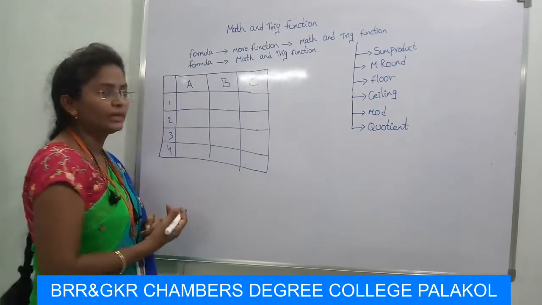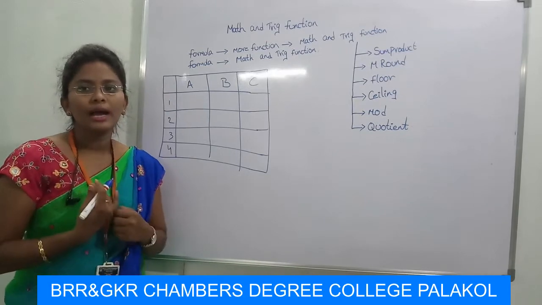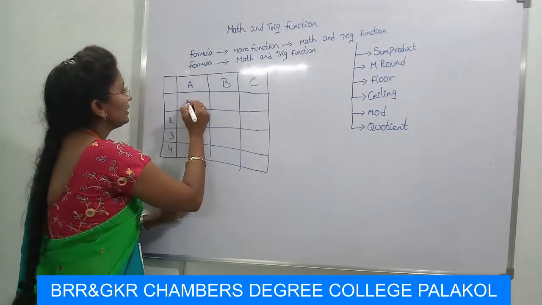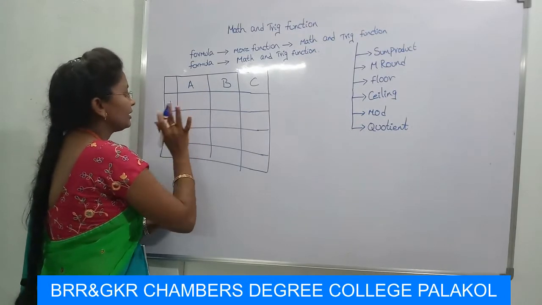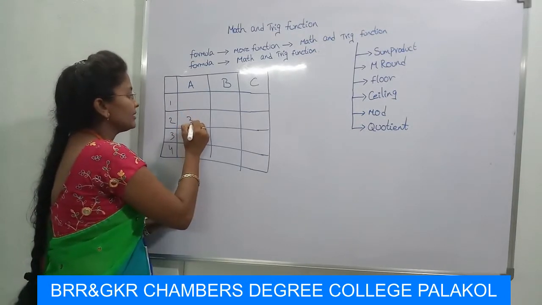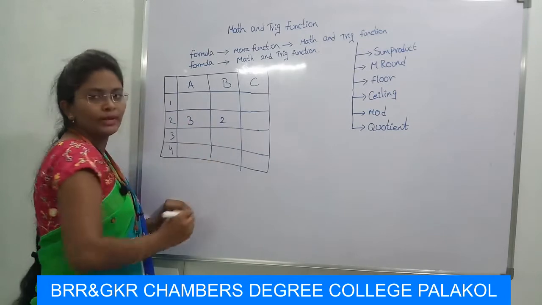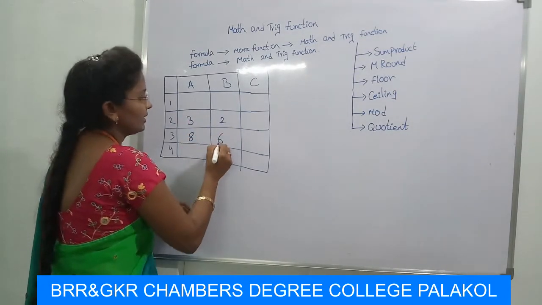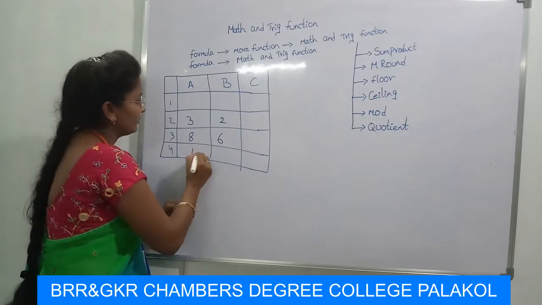What is that data I am entering means in A2 cell I am taking data as 3, 2 and the next data is 8, 6 and the next data is 1 and 5.